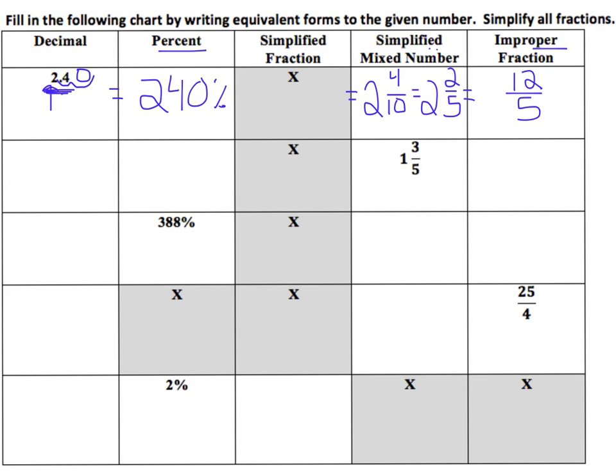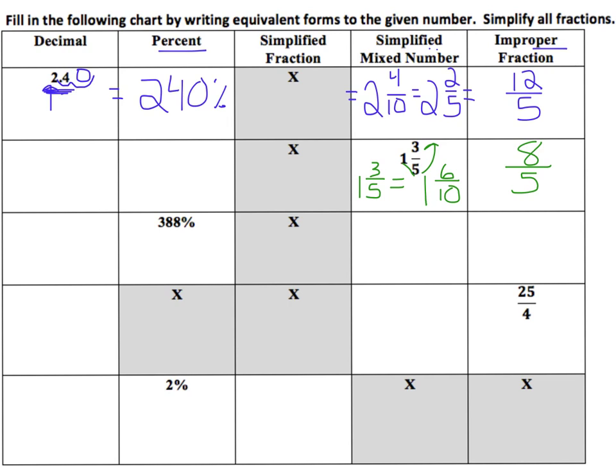All right, same idea, we're just starting in a different spot. If I have the mixed number 1 3/5, I'm going to change it to improper first. So 1 times 5 is 5, plus 3 is 8. So 8, keep the denominator 5, 8/5. Percent and decimal. Let's go to decimal first. If I have 1 3/5, let's rewrite it as 1 6/10. 3/5 is the same as 6/10.